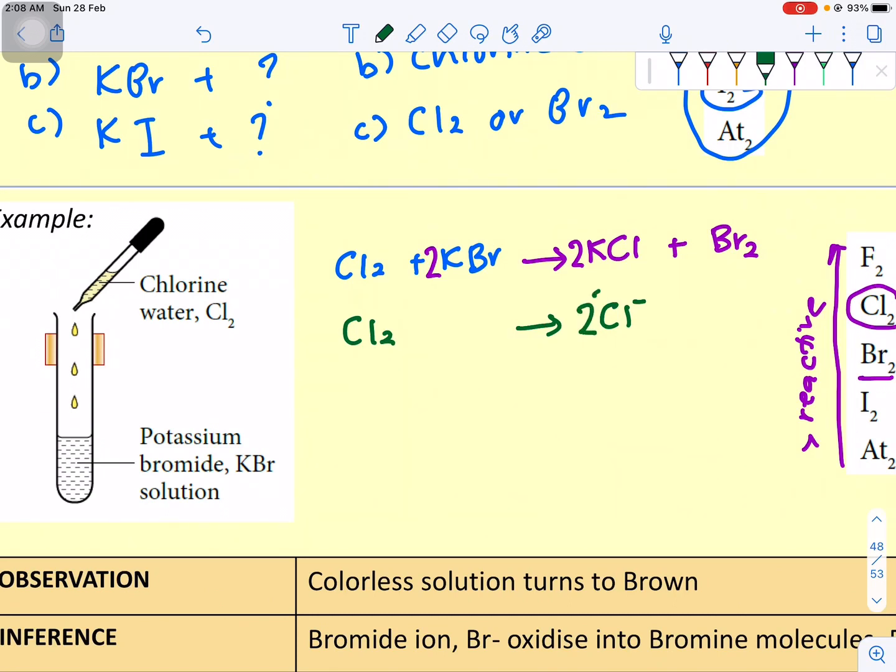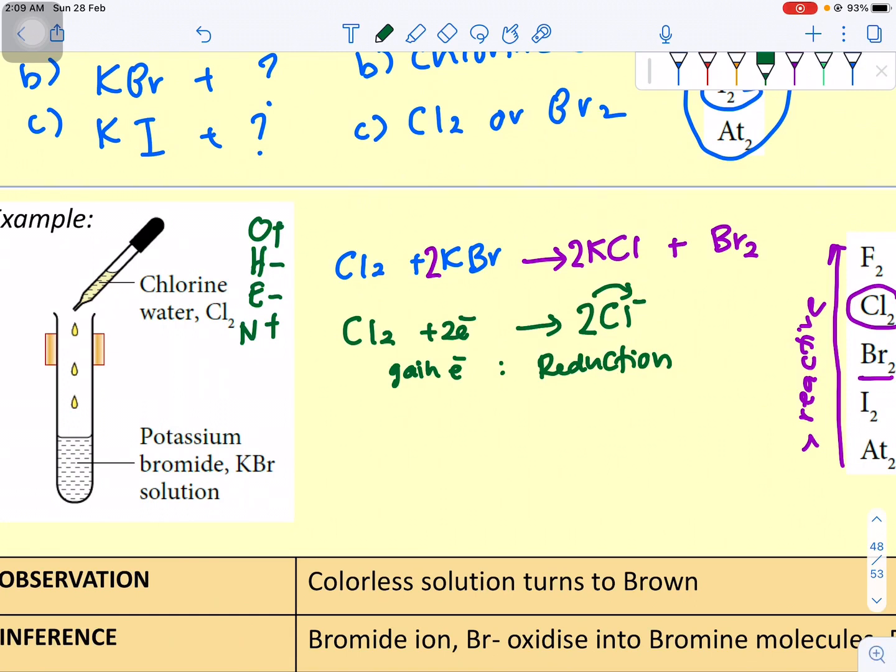And then how many electrons? 2 electrons. Where to put the electrons? The electrons must be on the more positive side. So left side 0, right side negative 1, so they will be at the left side. Based on the principle of HALOGEN, gain, loss, increase: chlorine gains the electrons. So when it gains electrons, this is a reduction.